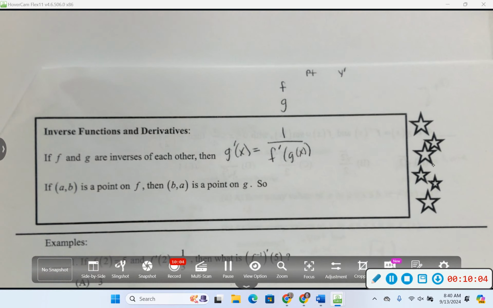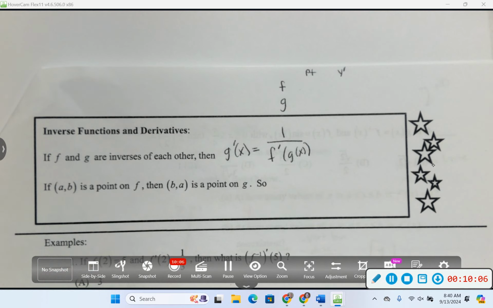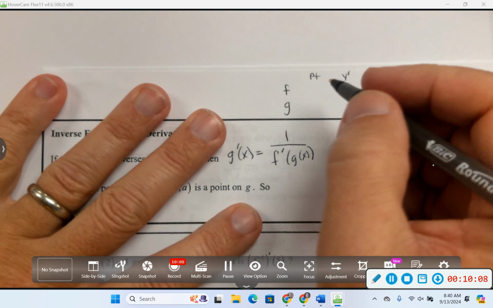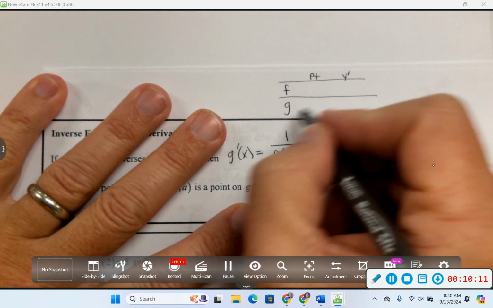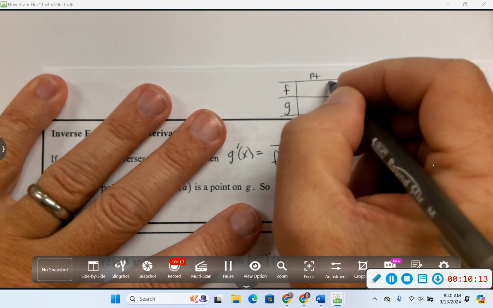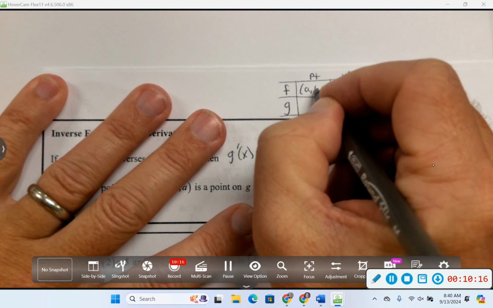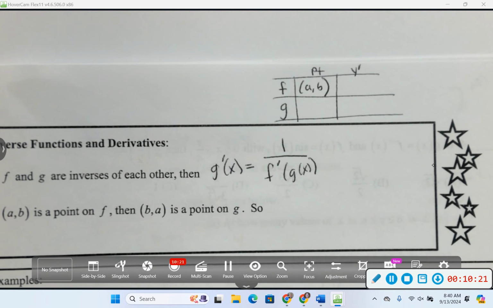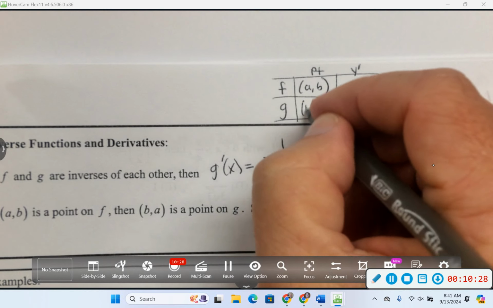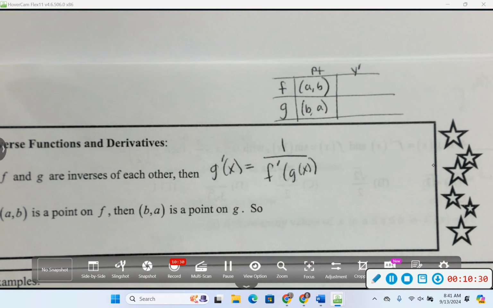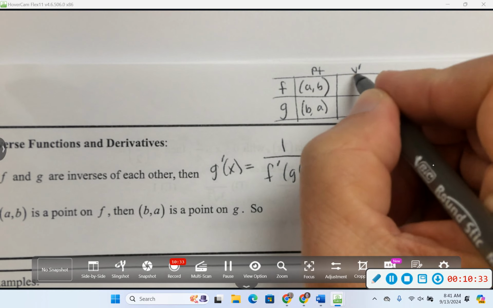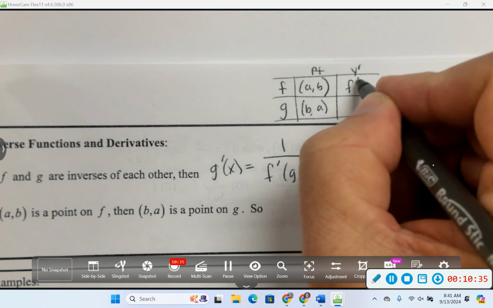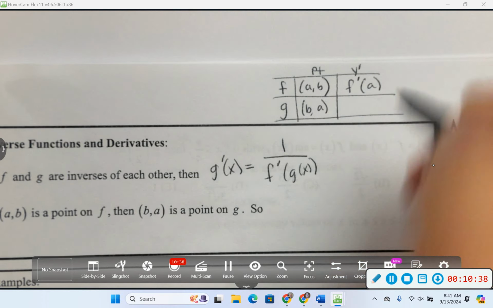Here's a little table that I will do every time I do an inverse problem, because it helps me keep things straight. So if f and g are inverses, and if the point (a, b) is on the graph of f, then what's the corresponding point on the graph of g? (b, a). Well, y prime, the derivative, usually we'll just take the derivative of f and plug in a.